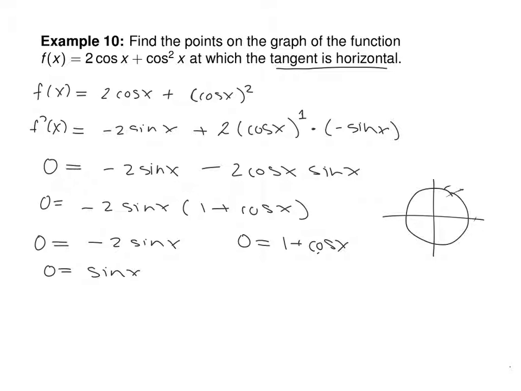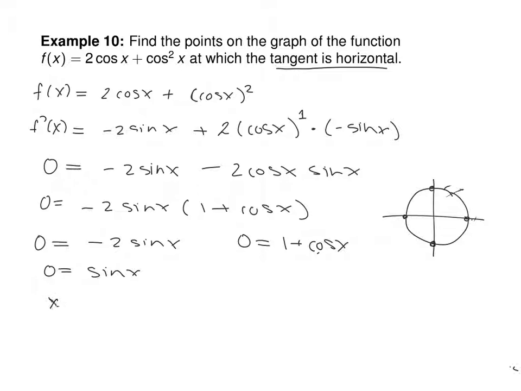Okay, on your unit circle, sine is the y on the unit circle, when are the y's 0? The first 0 is at 0, and pi and 2 pi and 3 pi and 4 pi, etc., right?